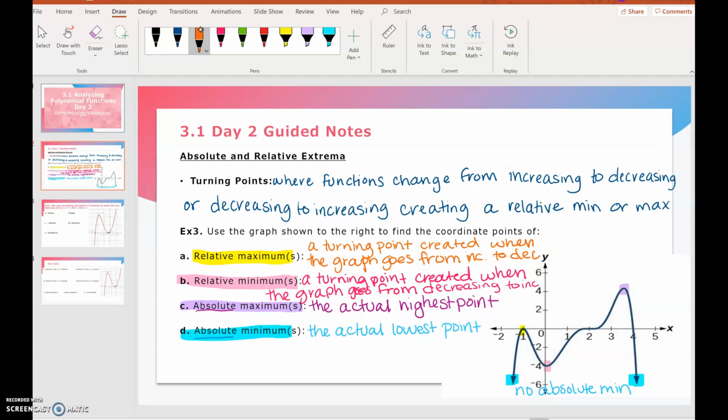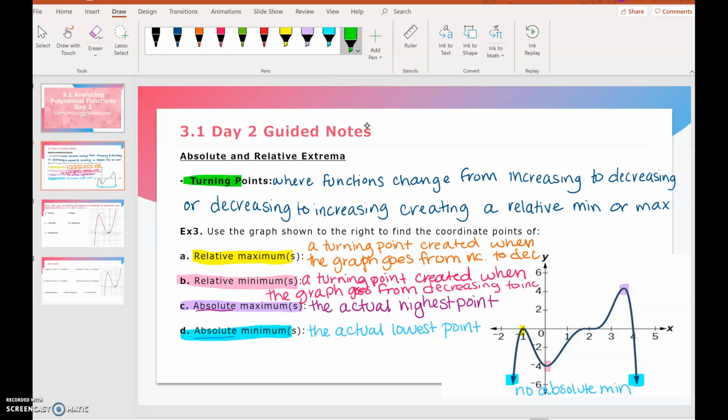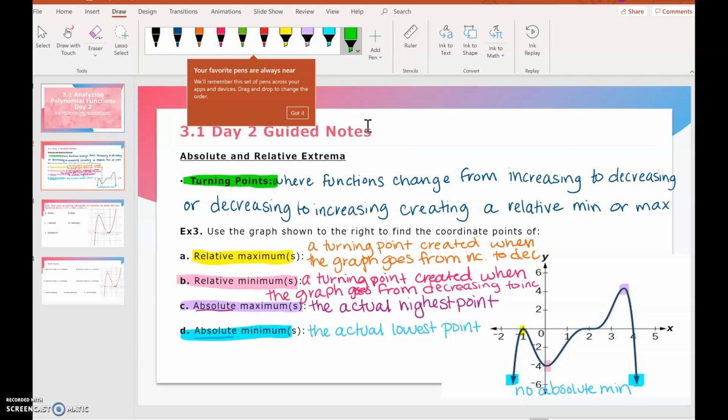Okay, so let's take a look really quick at just what points on here would be turning points. So I'm going to add a highlighter and do, let's say, green. So we're going to look at what just turning points are, okay? So a turning point is when it goes from increasing to decreasing or decreasing to increasing. So here it's increasing and then it starts decreasing. So right here would be a turning point, and then decreasing, increasing.